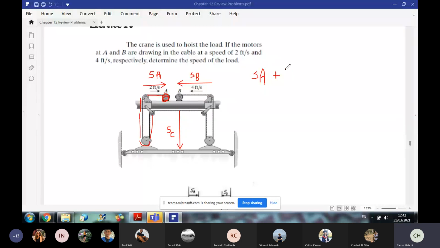Because I know the value of delta SC, I will try to relate delta S in order to find delta S for other components. So when you derive this relation with respect to time, you will get a relation between instantaneous velocities. And if the relation applies for instantaneous velocity, then it will also apply for average velocity, because at each instant it is valid. The opposite is not right.